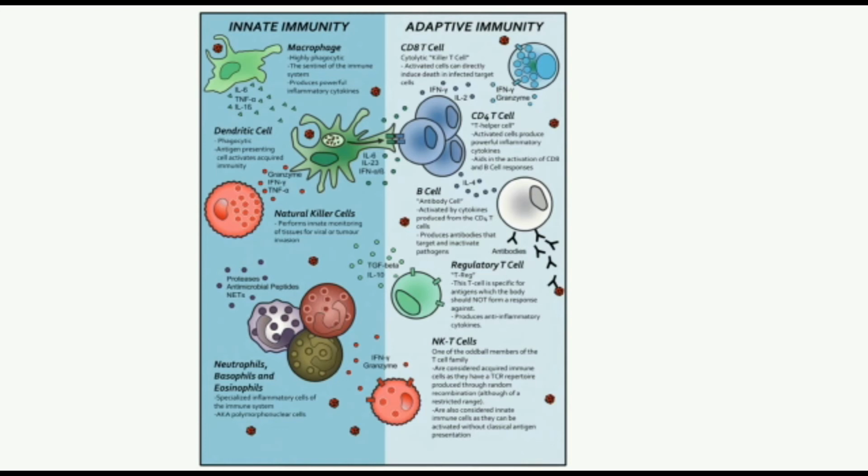After that, they release interleukin 6, TNF alpha, and interleukin 1 cytokines and trigger other nearby cells like dendritic cells, neutrophils, basophils, eosinophils, and natural killer cells to react against those pathogens and to activate the adaptive immunity arm by sending signals to them. Then both of these arms get activated and fight against the entered microbial pathogens to destroy them.